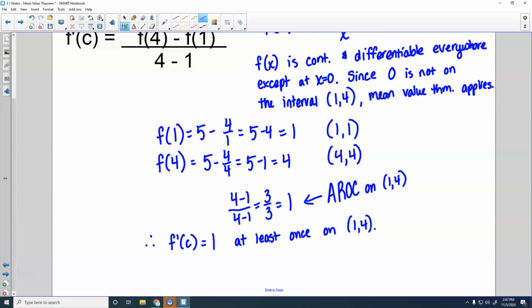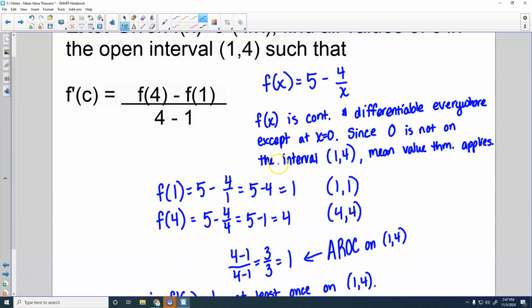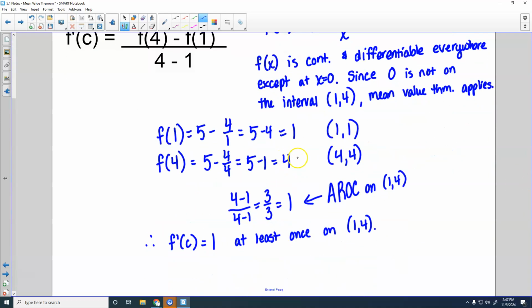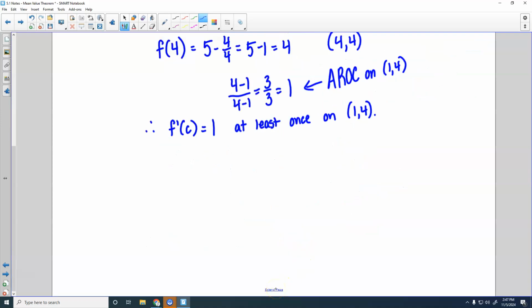And this problem, like the other problem, wants us to find that c value. So f of x is 5 minus 4 over x, but that could also be written as 5 minus 4x to the negative 1. That will be easier for us to deal with if we need the derivative, which we do here.